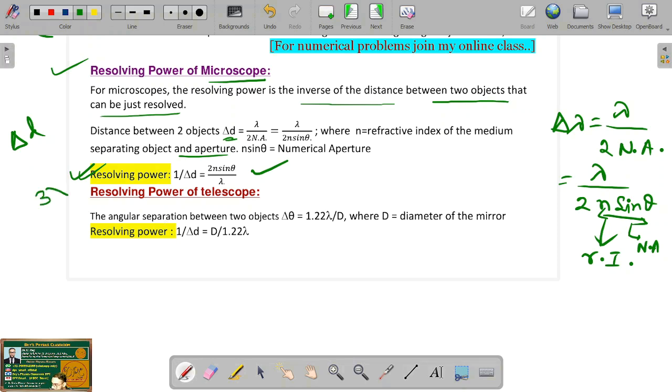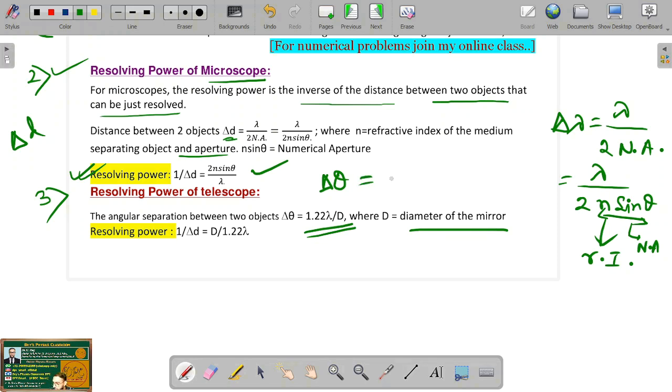Similarly, the third case is the resolving power of a telescope. Here in case of a telescope, we have to take the angular separation between two objects, which is equal to 1.22 lambda divided by capital D, where capital D is the diameter of the mirror.